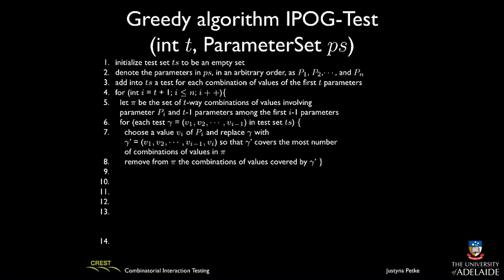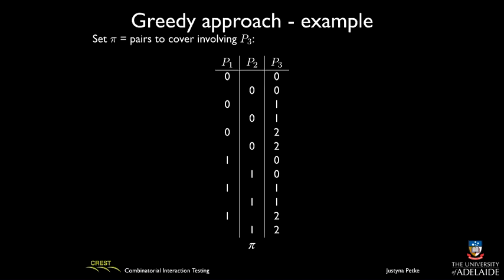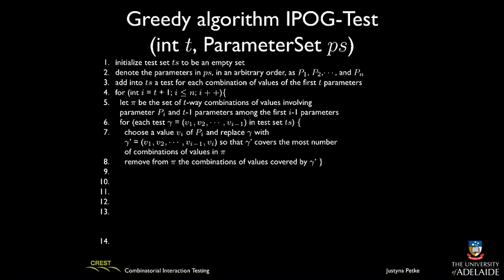Now based on this, these are not our test cases yet. They're incomplete. They're having some undefined fields here. This for now is just our set of combinations pi. How do we create test cases out of these now? This is where the next loop comes helpful. So for each test, now in our test case, we choose a value for that third parameter.